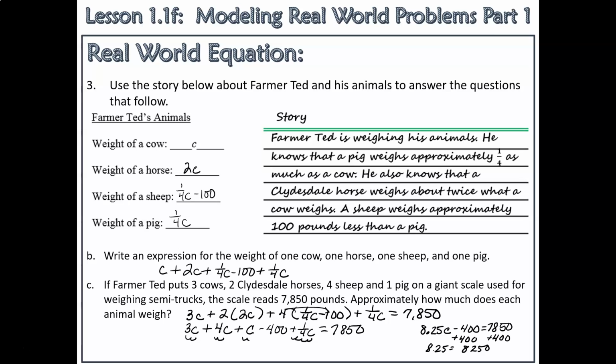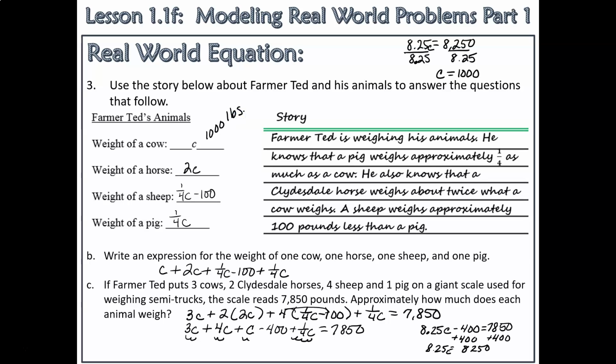I'm out of space. I'm going to go way up here at the tippy top. 8 1/4 C equals 8,250. Oh, this is C. Forgot to bring my C. So I'm going to divide by 8 1/4. And my cow is 1,000 pounds. The cow weighs 1,000 pounds.